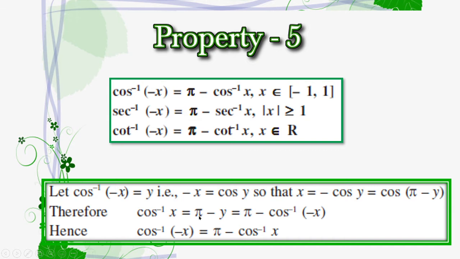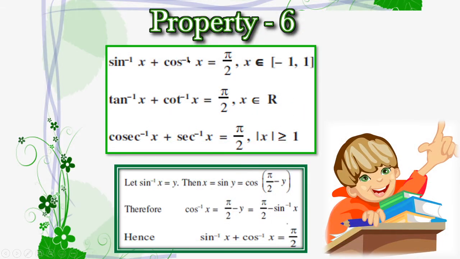So cos inverse x equal to pi minus y. And let's put the value of y here in this step: pi minus cos inverse minus x. Let's shift it to left hand side and pi, and this thing will come to right hand side, and it is proved. Sixth property says sine inverse x plus cos inverse x equal to pi by 2.